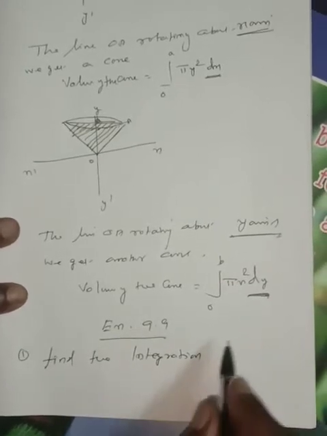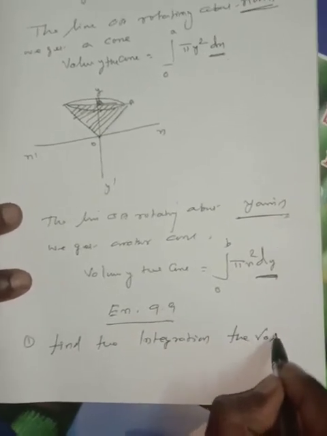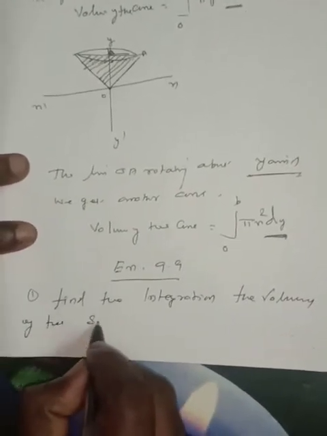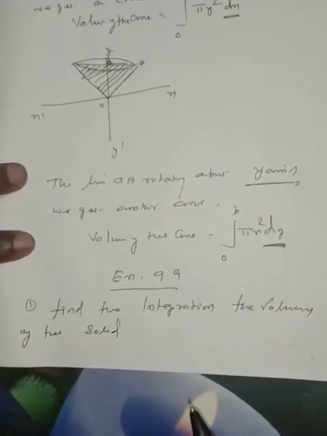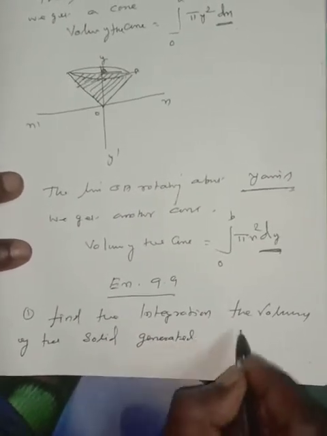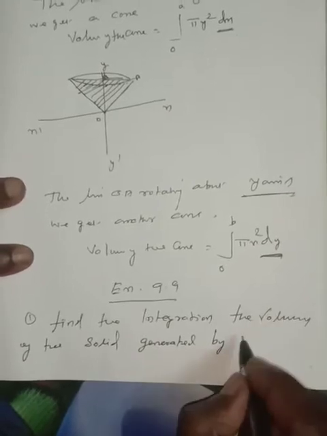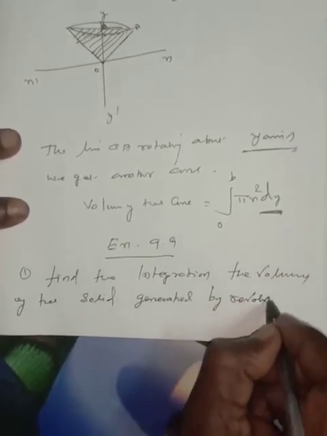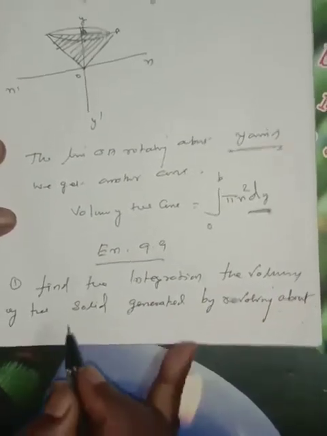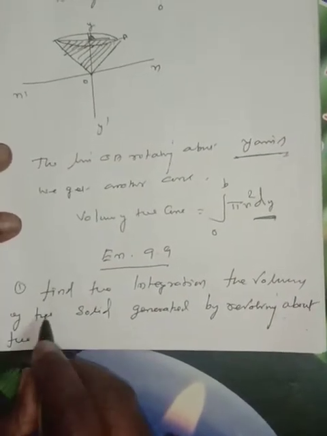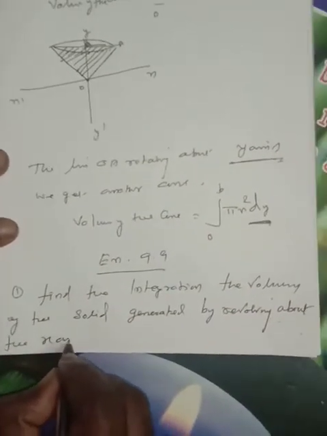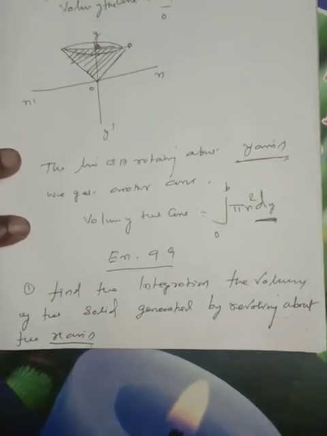The volume of the solid generated by revolving about the x-axis, rotating about the x-axis, the same meaning, revolving about the x-axis, underline x-axis.